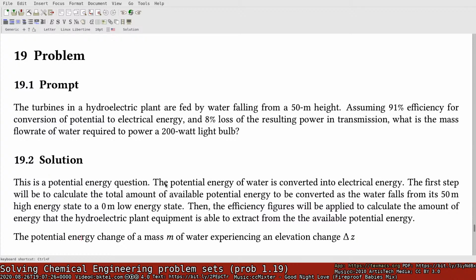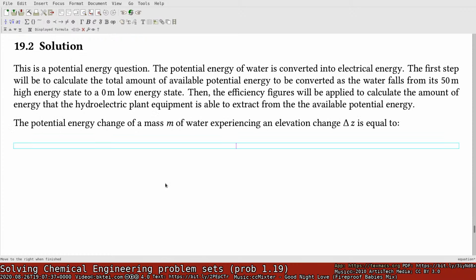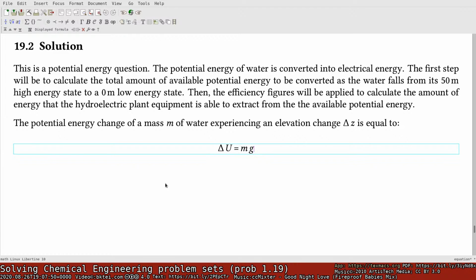The potential energy of mass m of water experiencing elevation change delta z is equal to, and we'll put an equation, delta U is equal to mg delta z.